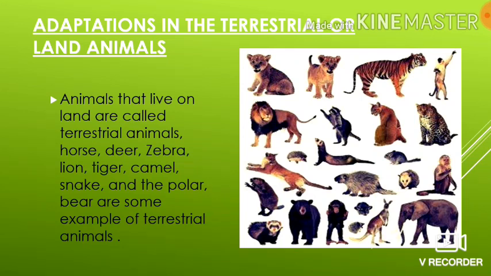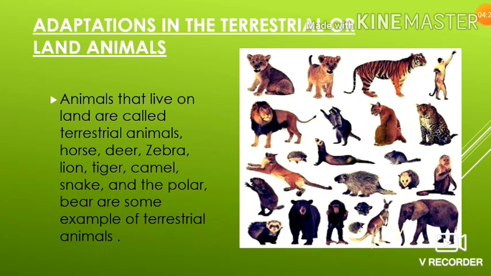First is adaptation in terrestrial or land animals. Students, animals that live on land are called terrestrial animals. Examples: horse, deer, zebra, lion, tiger, camel, snake and the polar bear are some examples of terrestrial animals.